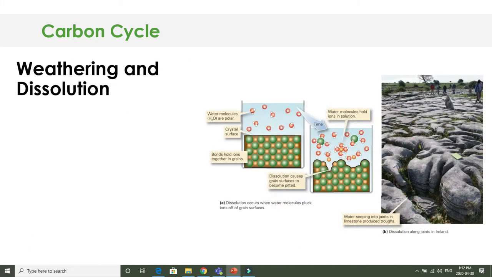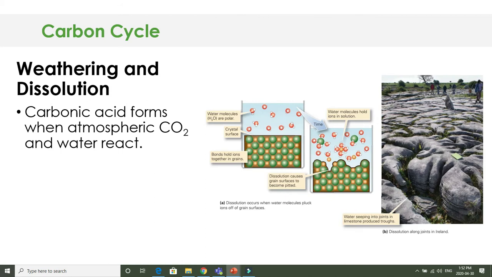So weathering and dissolution. Carbonic acid forms when atmospheric CO2 and water react. Over time, you see all these cracks that are forming in the Earth. Water gets into the joints and makes cracks in the rock and that kind of thing. This is part of it.